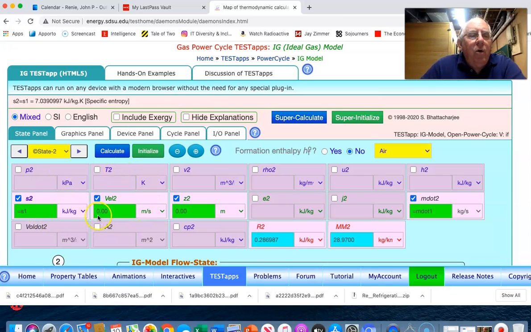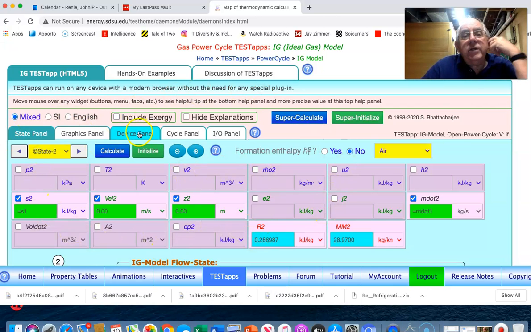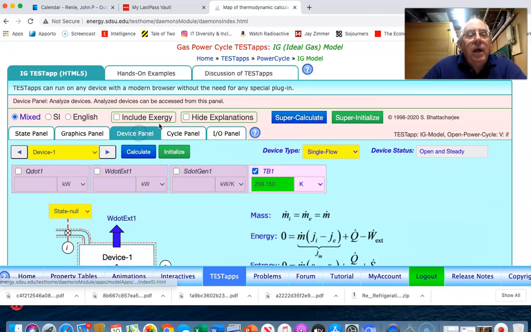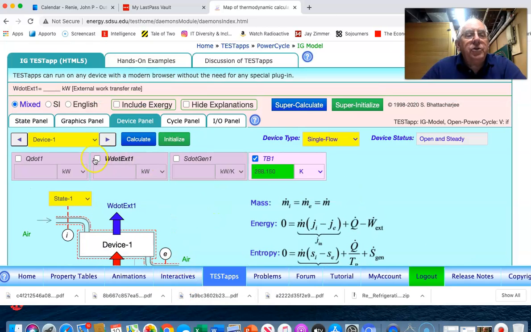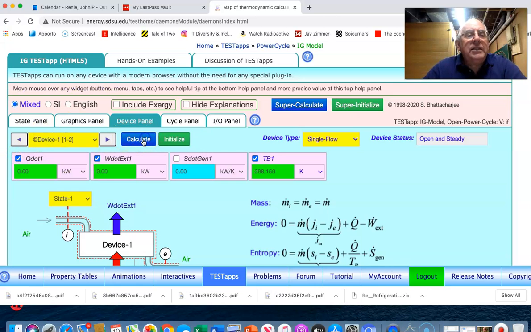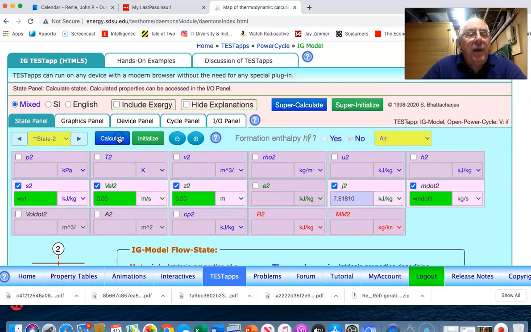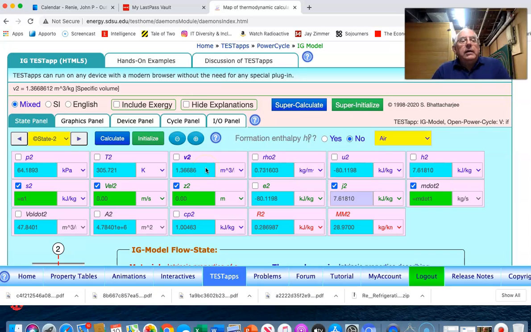isentropically. Now, in order to actually get this final condition, I'm going to go to the device panel, and for the first device, which is going from state 1 to state 2, I'm going to say there is no work being generated and there's no heat transfer. With this device determined, the state panel allows us to calculate the conditions at state 2.